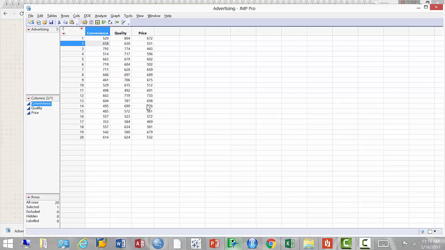So, first of all, true or false, these samples are independently collected from each other. More specifically, if I look at line number 1, there is nothing that links this number 529 and that number 804 and that number 672. These are 3 different cities, completely randomly picked, right? So there is nothing that links these 3 cities. So all of my samples are independently collected, right?